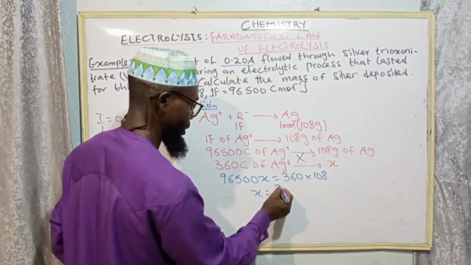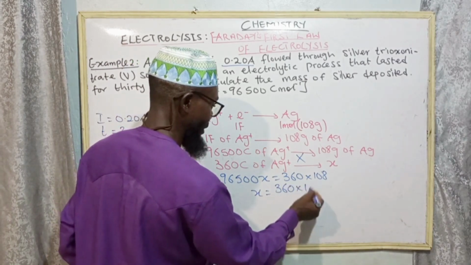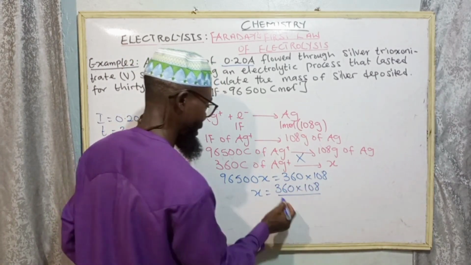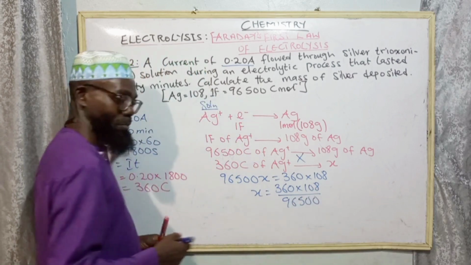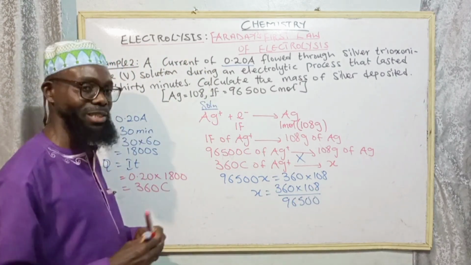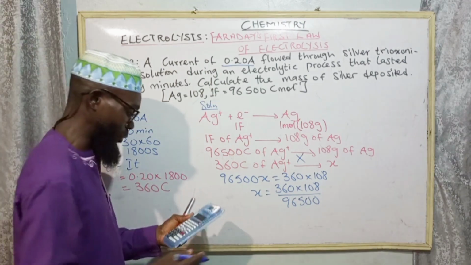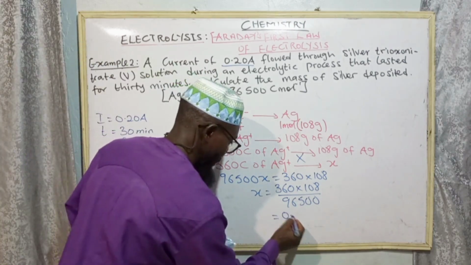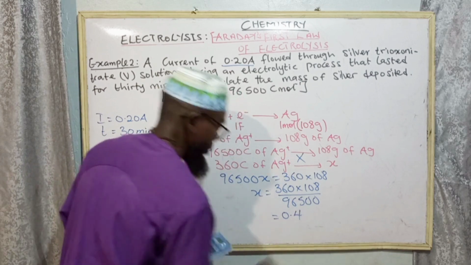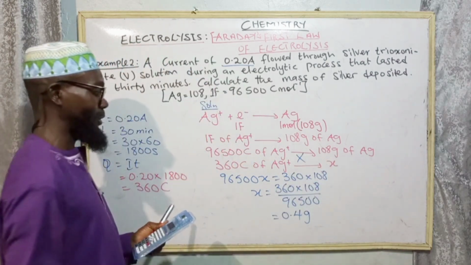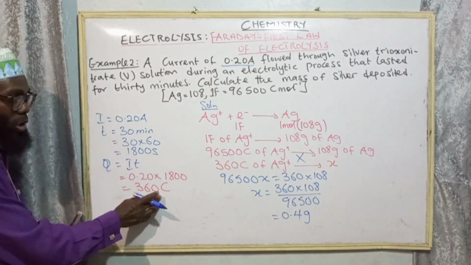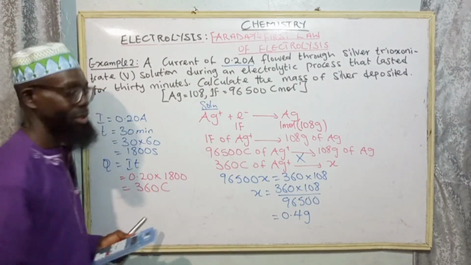My X equals 360 multiplied by 108 divided by 96500. Let's press our calculator to look at what we're going to get. We have 0.4, and what is the unit? Grams. So the mass that we're going to get from this 360 coulombs is 0.4 grams.